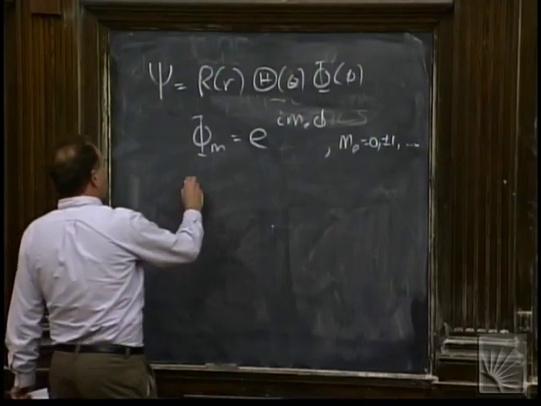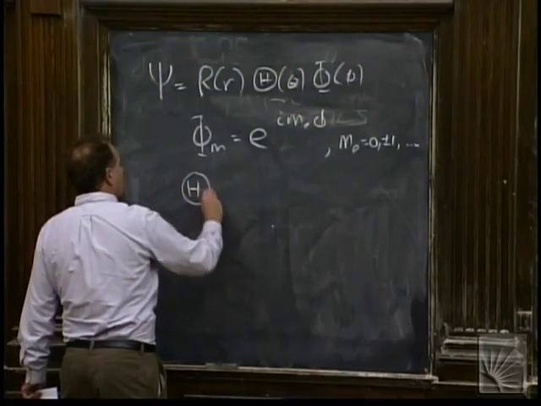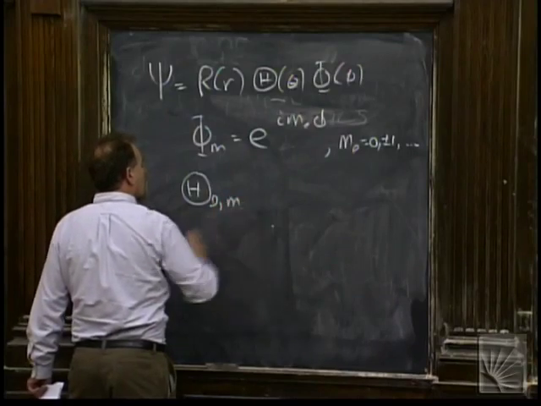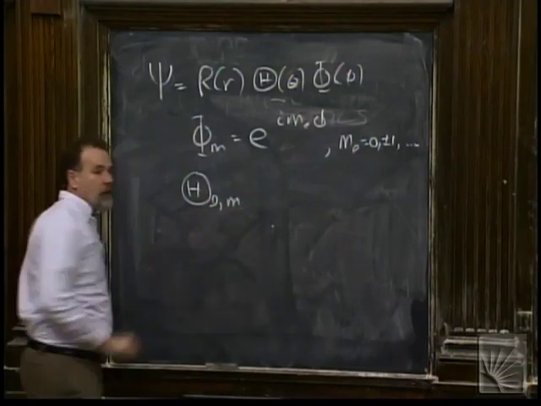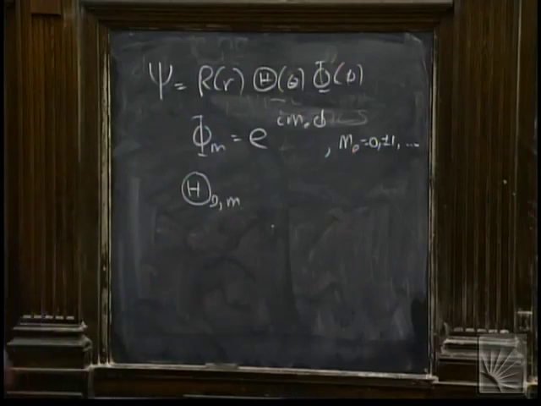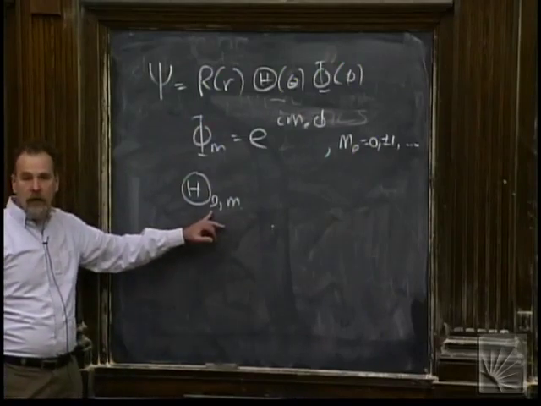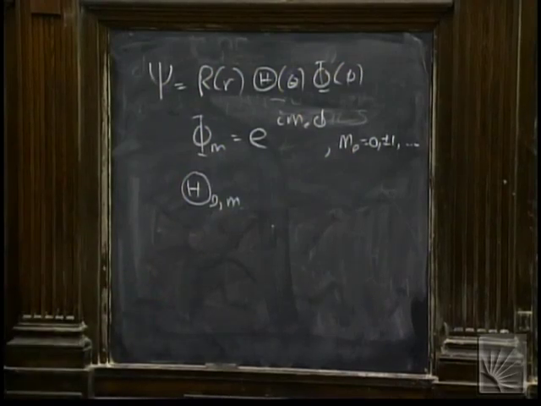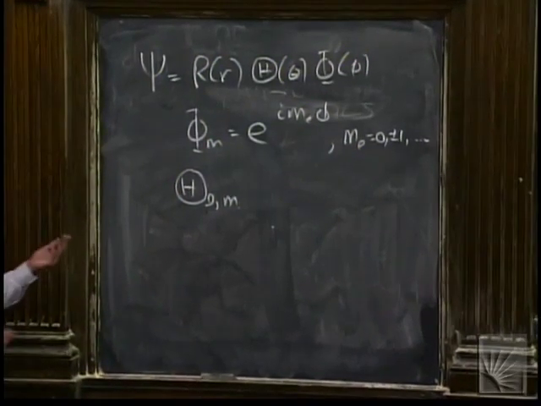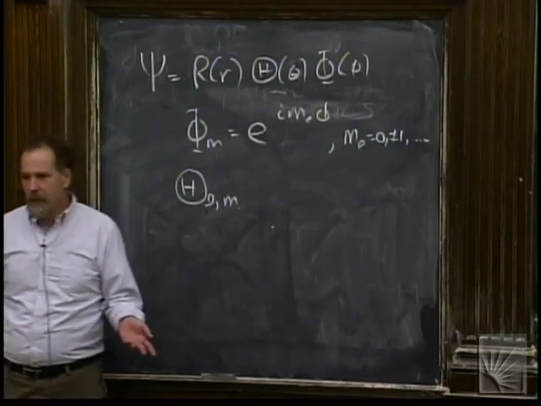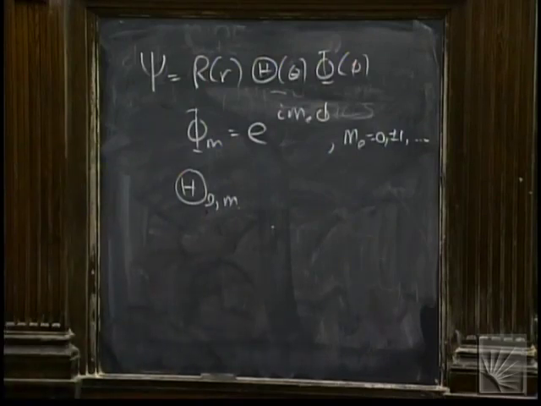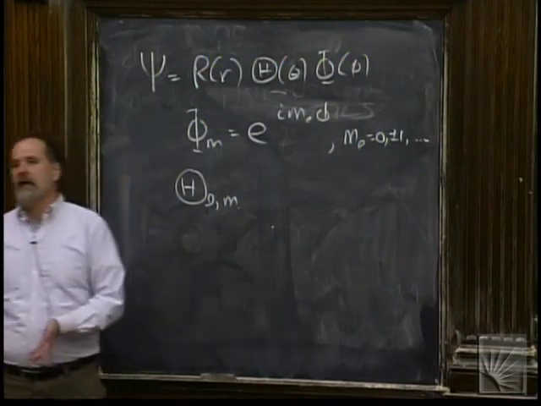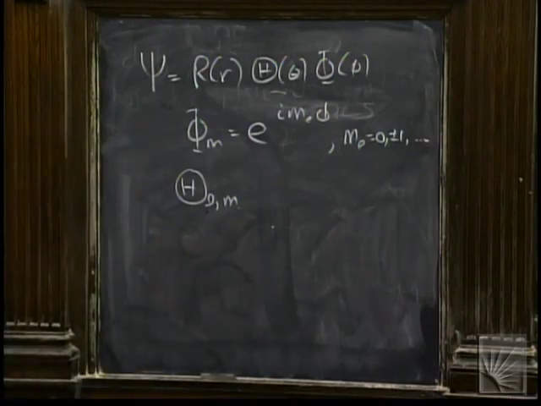We also found Theta that depended on a number that we called L. Remember, there was a constant C, and then we said C was equal to minus L times L plus 1, for reasons that were maybe a little bit mysterious. But the point was that L was an integer and C was that number, L times L plus 1 with a negative sign.